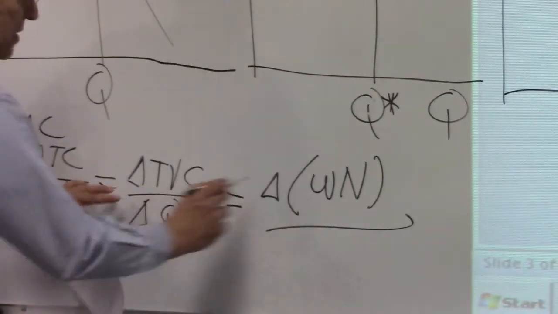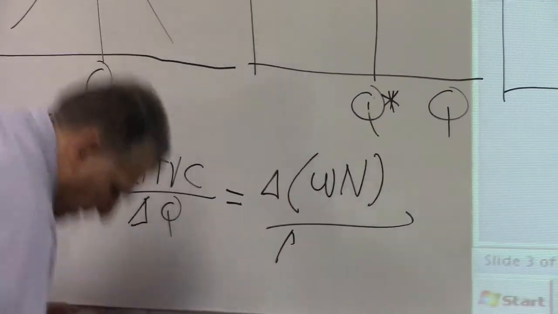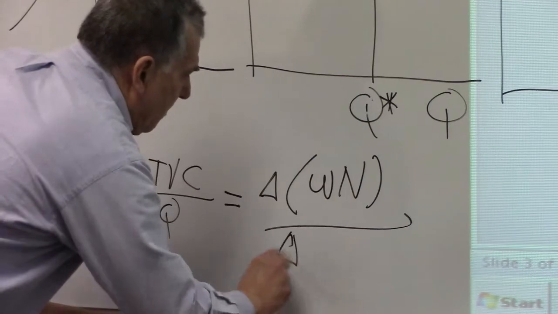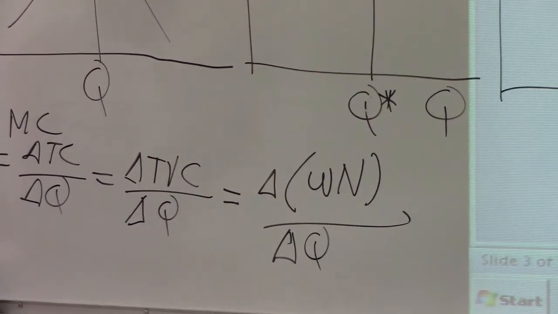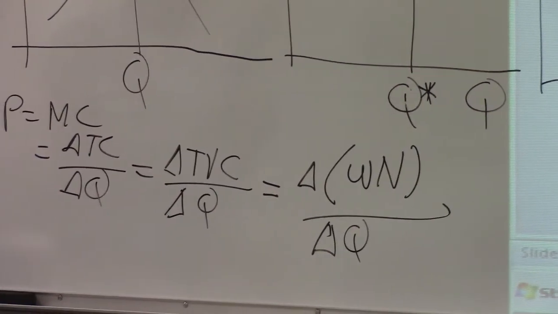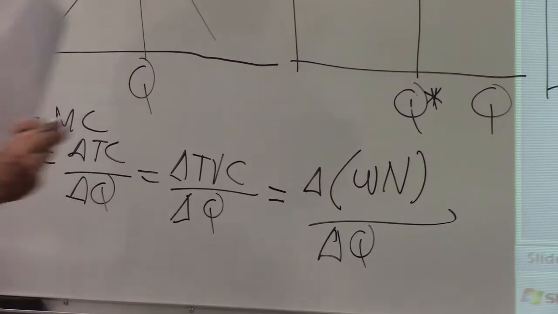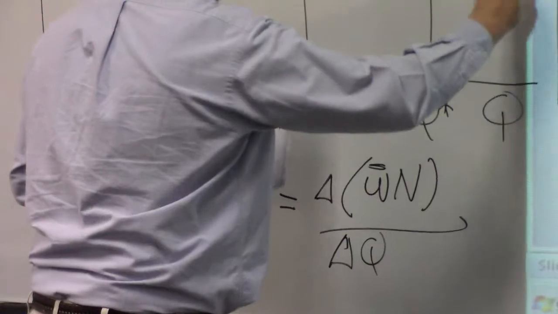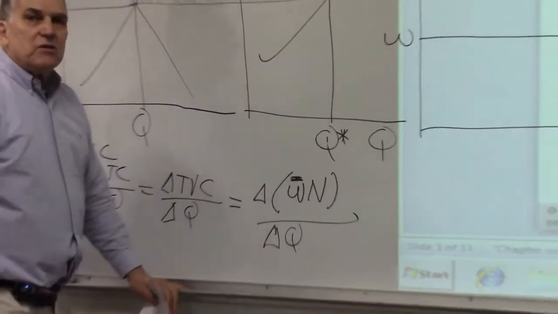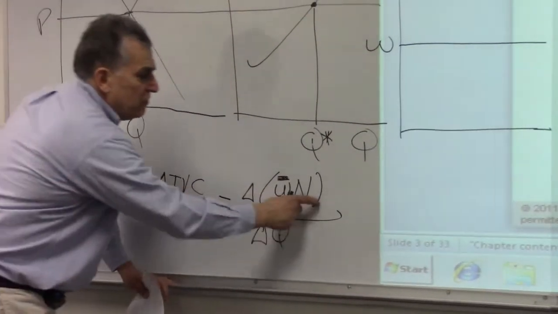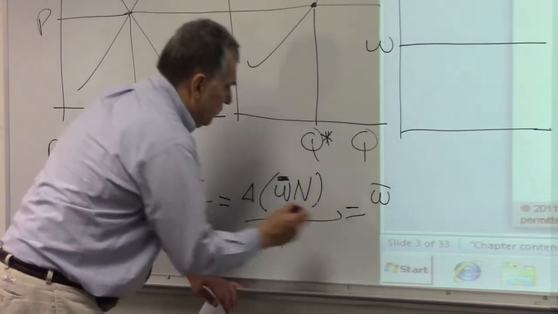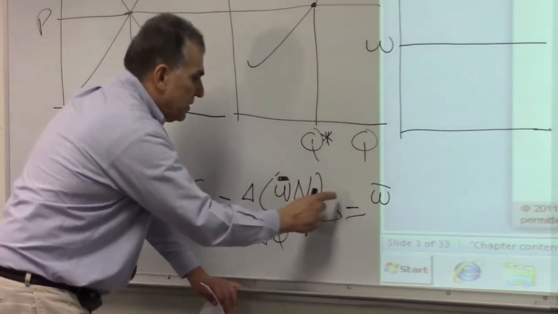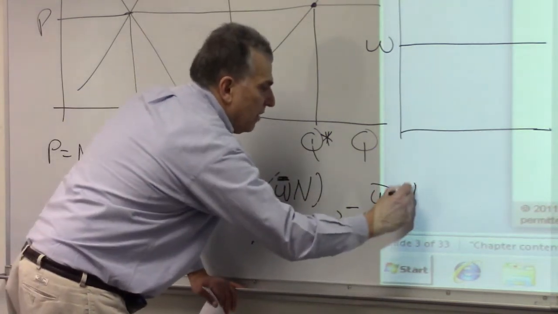So this translates to this. Now, another assumption that we make here is that the wage rate is fixed. Put a bar over it. If the wage rate is fixed, then the change in the numerator is the same thing as the wage rate. The wage rate is not changing. The only thing changing is N, the level of employment.